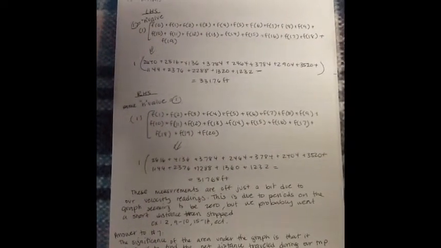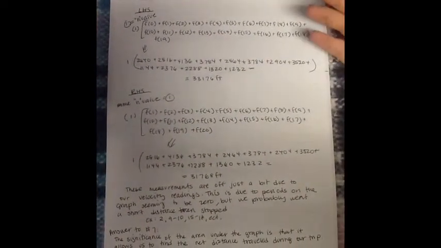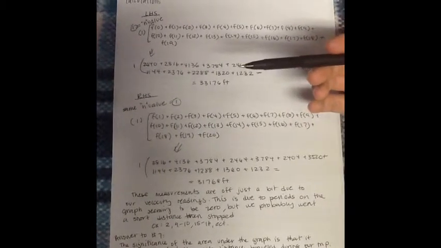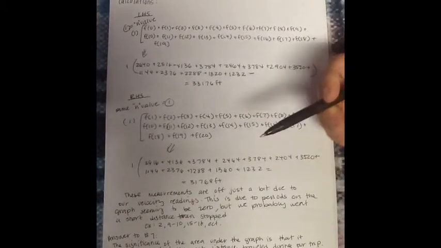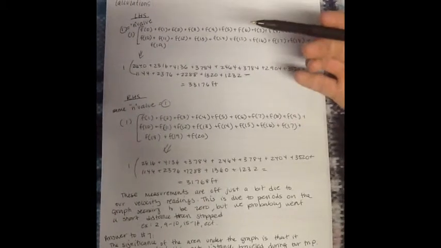At least that's what I think. The area under the curve is represented by our velocity and our time. So the answer would be that the area under the graph allows us to find the net distance traveled during our trip.